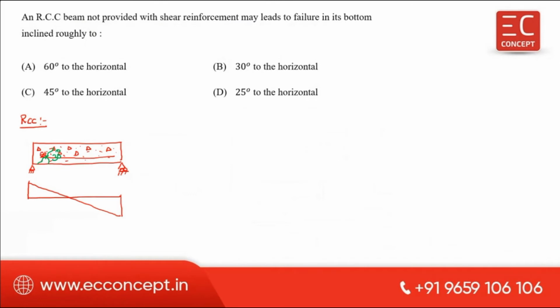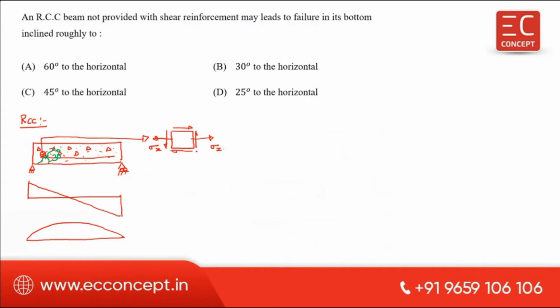Somewhere here. If you draw the free body diagram at this point, there are two stresses acting. One is a shear stress, another is the bending stress, because this is the bending moment diagram. At that point there is a bending moment also, and because of this bending moment there is a tensile stress. So this is sigma x, and this is also sigma x.